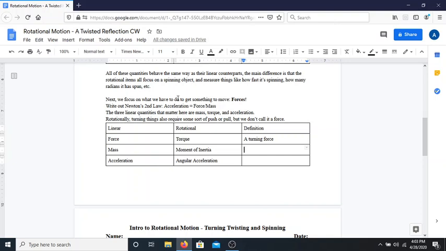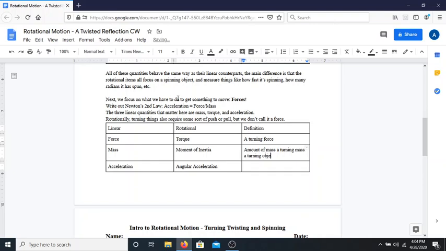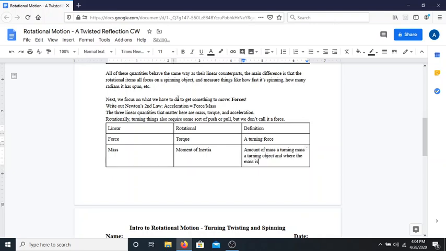But for us, a moment of inertia is basically the amount of mass a turning object has and where the mass is located compared to the turning point.